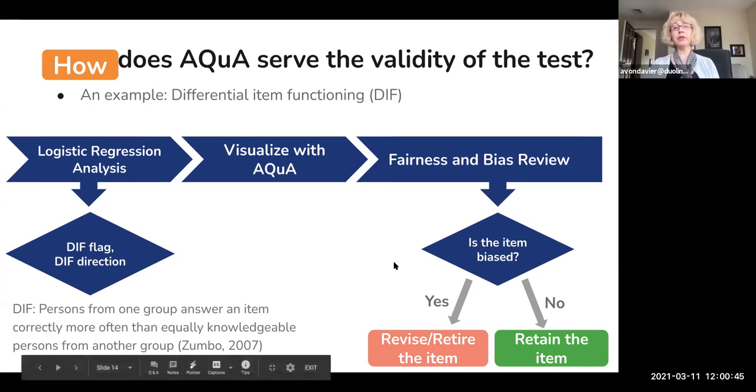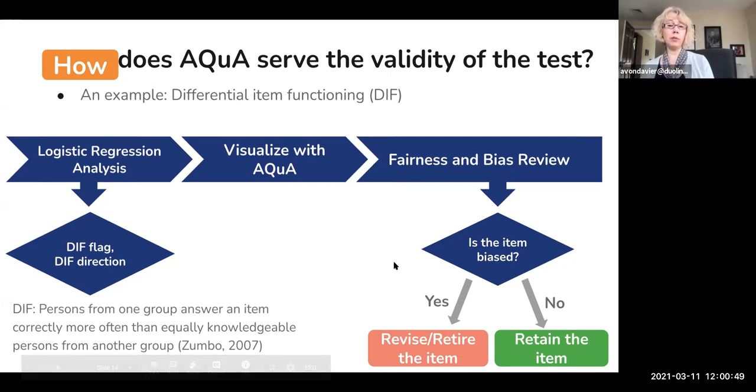And then we visualize this within Aqua, and then we identify those items that display these flags at a higher level, and then we put in place a fairness and bias review with subject matter experts. And the rest is like in any other test: if the item is biased, then revise or retire the item. Otherwise, you retain the item.